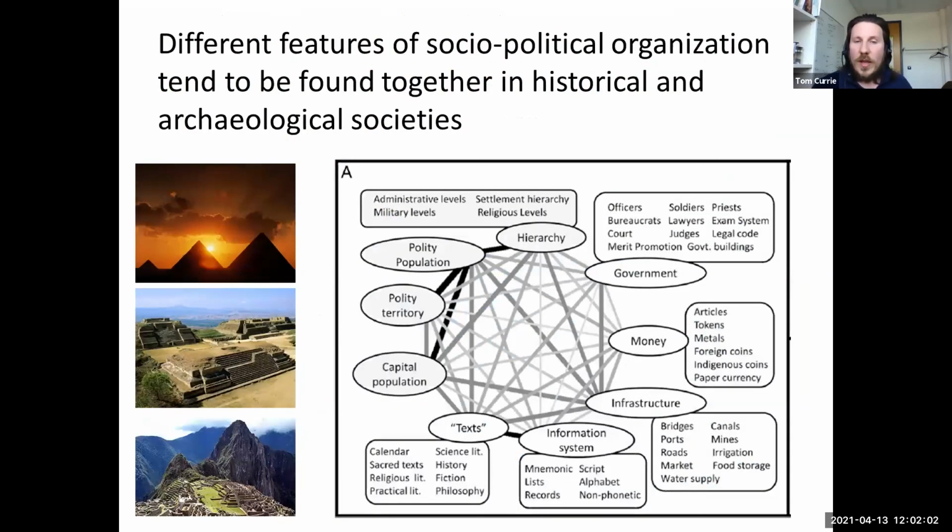And what we did was examine a number of different dimensions of society. So we looked at various aspects relating to the scale of human societies, so things to do with population size, territory, and population densities in terms of how many people are in capital cities, things like that, levels of hierarchical organization within those societies, and various different features of institutions or other things that potentially help structure societies.